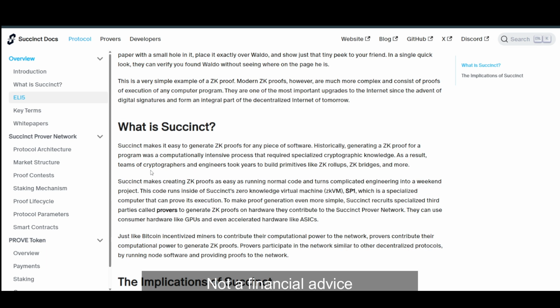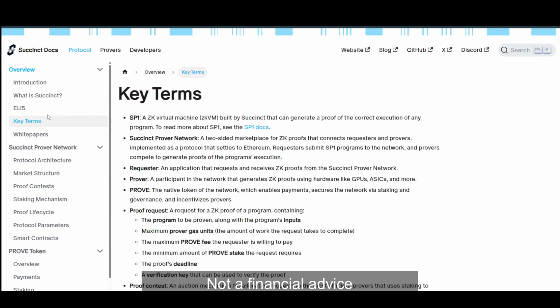As a result, teams of cryptographers and engineers took years to build primitives like zero knowledge rollups, zero knowledge bridges, and more. So basically all of that is easier to create through the network, so it's a really good one.